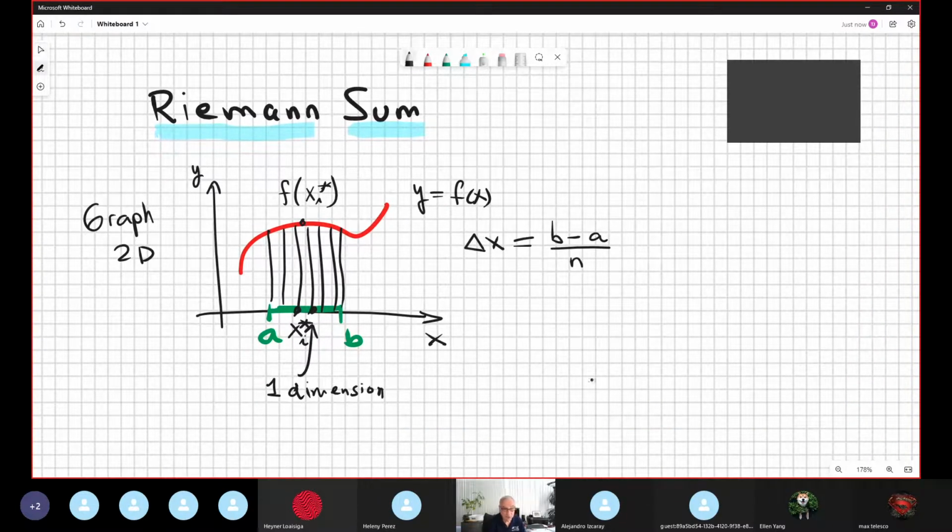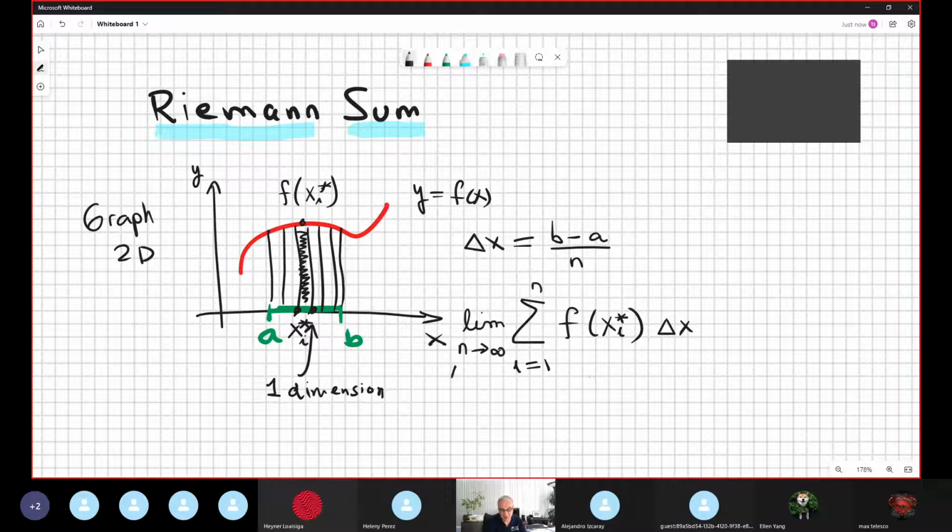Now, if you multiply this value of the function by delta x, why not, it gives me this area. And the summation of every area from 1 to n is the Riemann sum, and so you apply the limit when n approaches infinity, which is synonymous with saying that delta x is 0.